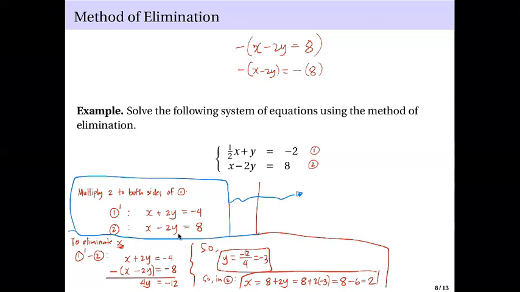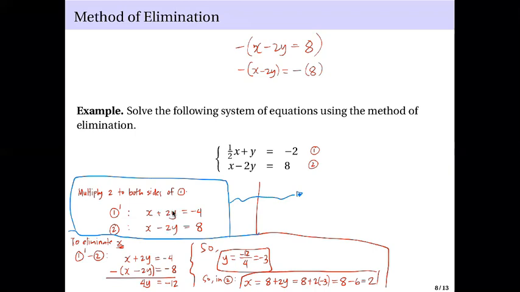Observe these equations. Equation 1 prime is x plus 2y equals minus 4. Equation 2 is x minus 2y equals 8. Notice, the variable y has the same coefficient, 2, except that one is plus, the other is minus.